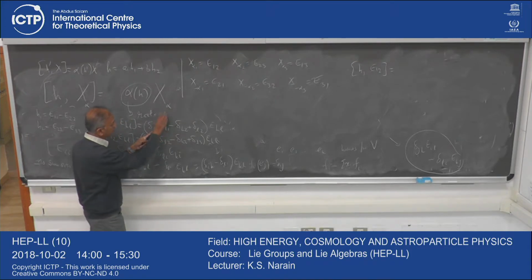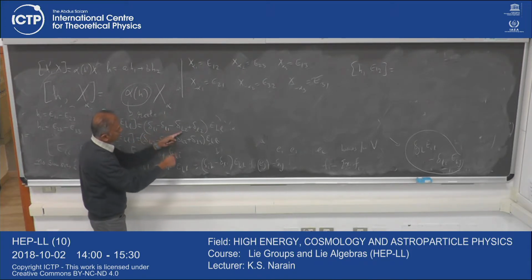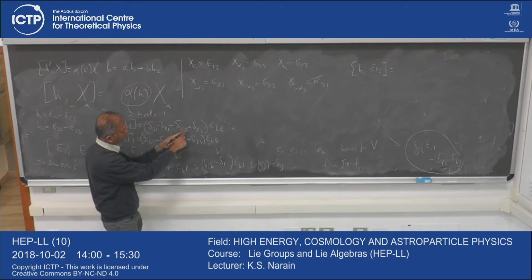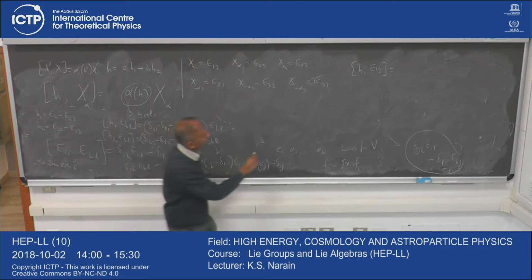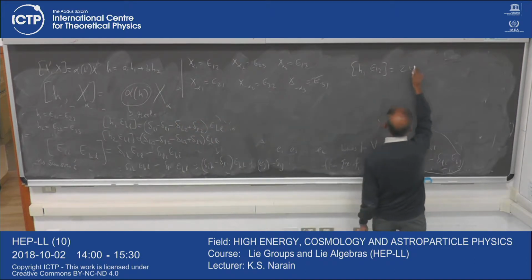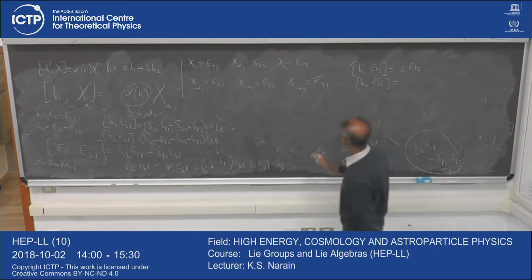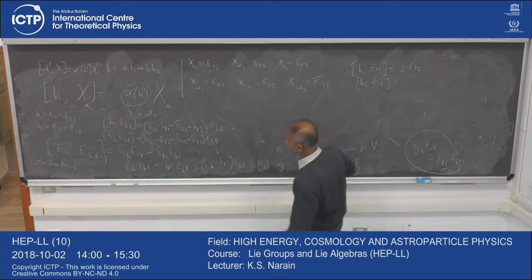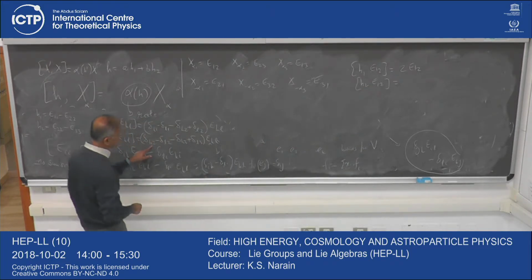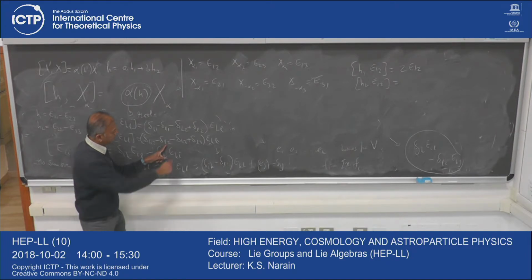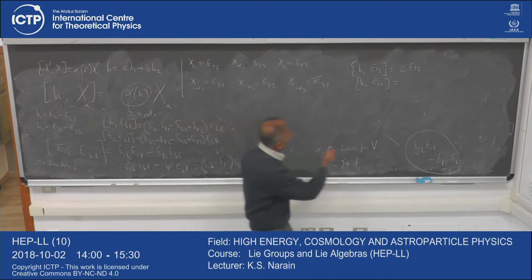So this is 1, this is 0, that is 0, and that is 1. So 1 plus 1, 2, right? So you get here 2 E12. And H2 with E12 will be, now we have E12 with H2. So K is 1, so this vanishes, L is 2, so this is there. K is 1 and L is 2, this vanishes, so you get here minus 1. Right? So you get here minus E12.